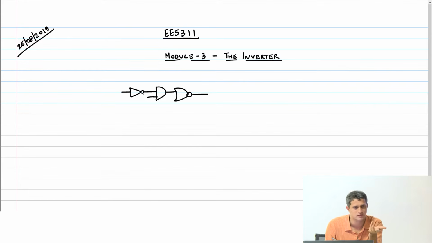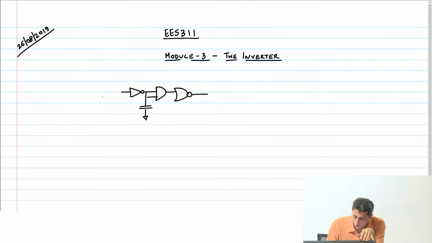In fact, there are capacitances at all nodes. So effectively, this will have some load capacitance plus its own capacitance, coming from the drain source and all that. We will look at the origin of these capacitances.